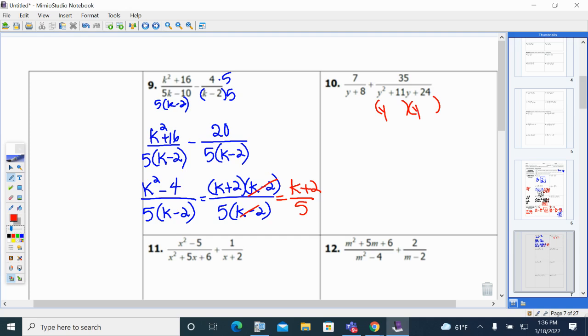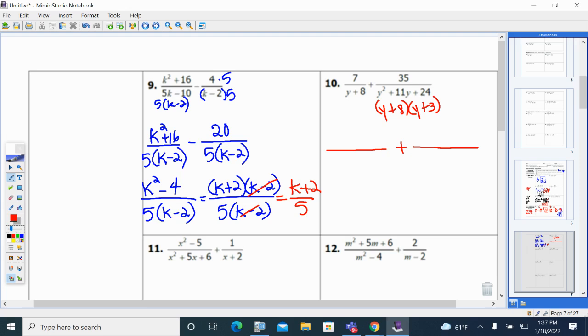Multiply to give you 24, add to give you 11 is going to be a positive 8 and a positive 3. And you kind of have a hint because the first fraction has a y plus 8, and you're hoping that you have another y plus 8 in the second fraction. So looking at my two fractions, for my common denominator, you make sure that you have everything represented.